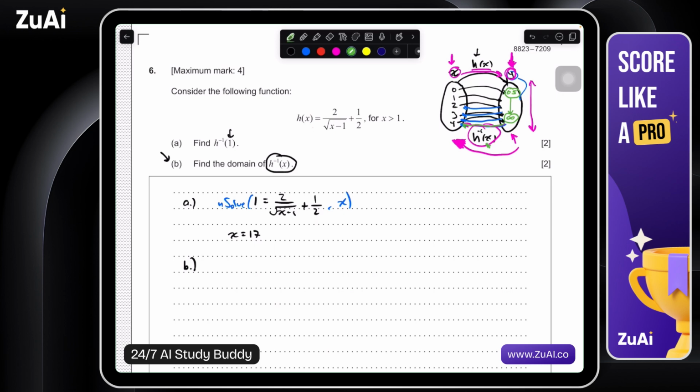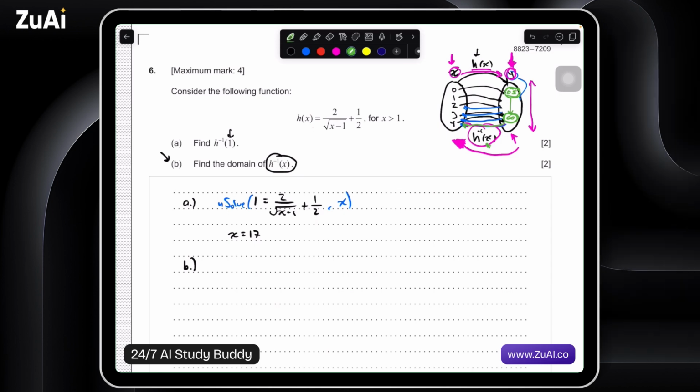Remember, inverse is reverse the inputs and outputs for a regular function. So all the way from 0.5 to infinity, we have some values that once inputted into our inverse will generate an output.